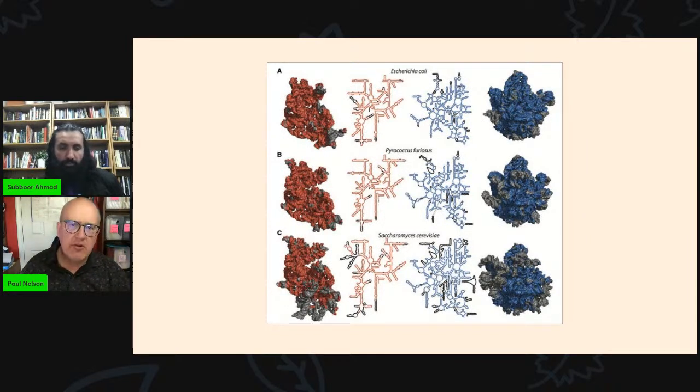So this is a bacterial ribosome, again, large and small subunit, an archaeal ribosome, another prokaryotic ribosome, and this is yeast, the ribosome in yeast, each again having a large and small subunit. The ribosome is the molecular machine that defines the living state.